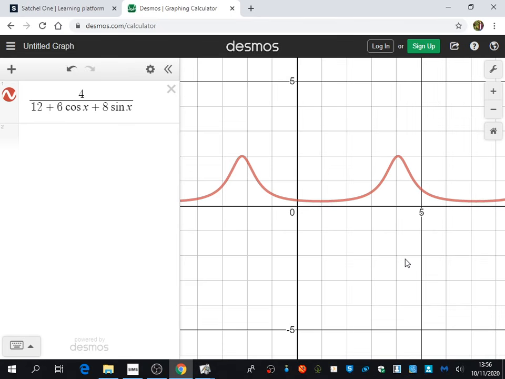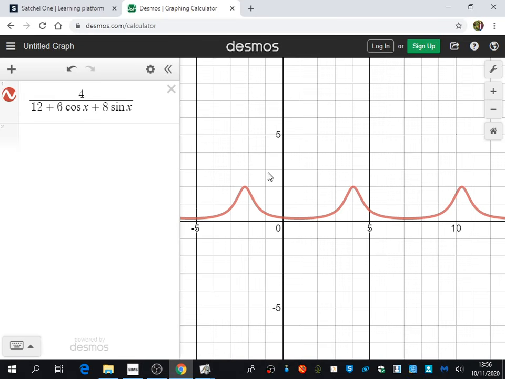Okay, so here is the graph of 4 over 12 plus 6 cos theta. I've done x instead, plus 8 sine x. And we wanted to find out a maximum point. A maximum point is here at 4.069, as we predicted.